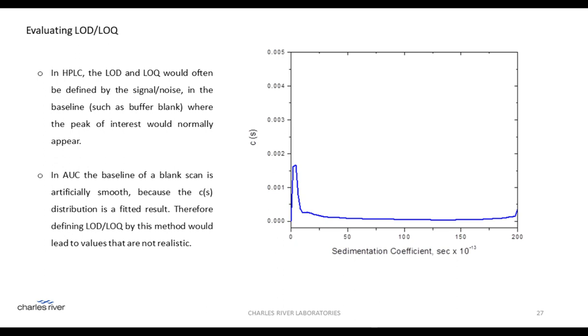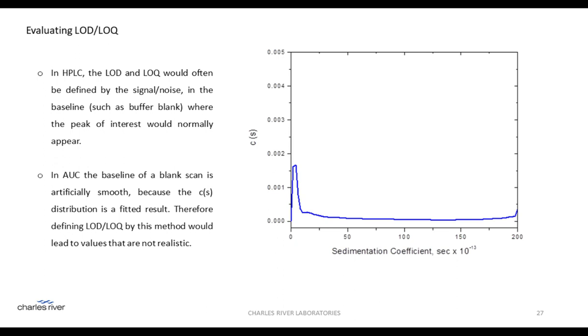In AUC, the baseline of a blank scan is artificially smooth and very low in noise because the CFS distribution, the kind of graph that we're looking at here, is really a fitted result. This is not the noise from a detector. This is the algorithm's attempts to fit species in a certain region. And if no species are there to be observed, the noise is somewhat artificially low.